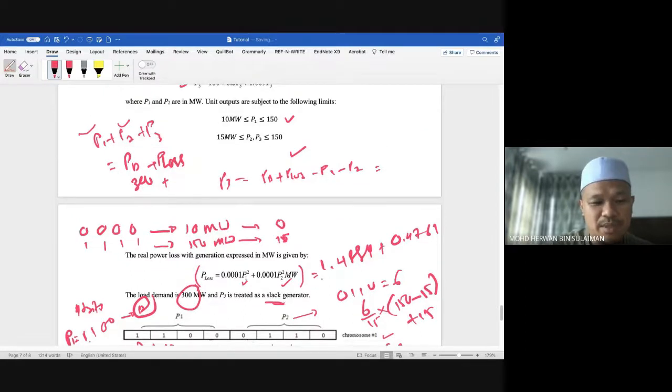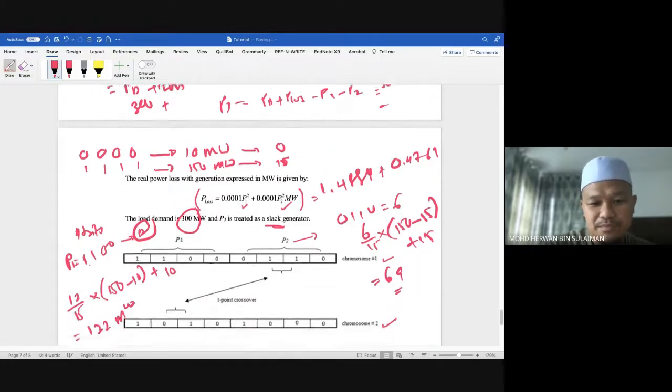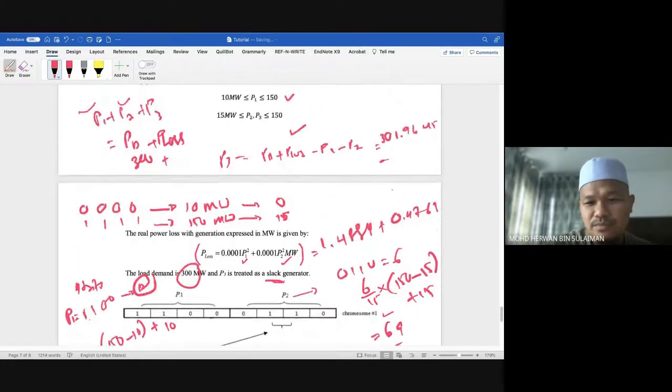So your demand plus loss is 301.9645, minus your P1 and P2, 122 minus 69. So you get your P3.